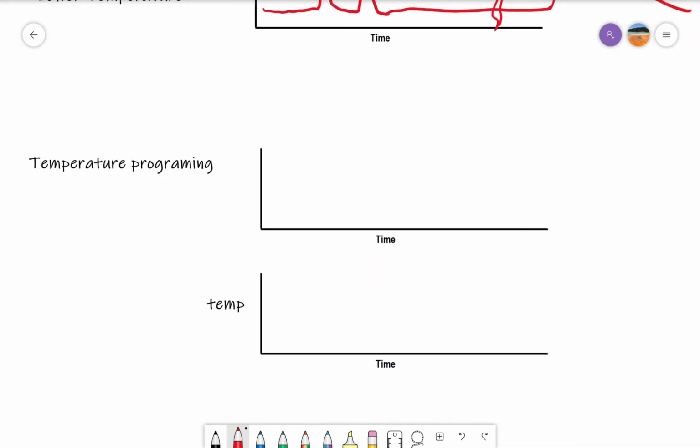But since we are controlling the temperature, we may be able to control the temperature as a function of time. We could start out at a low temperature and let the temperature of the chromatogram exist at a low temperature, and then increase the temperature to a higher temperature.